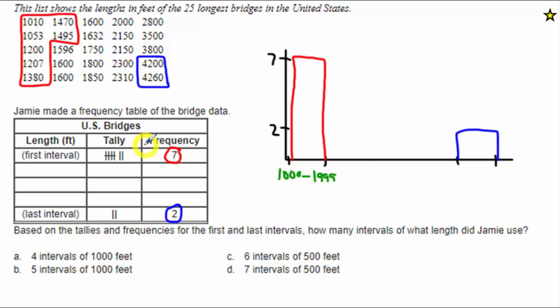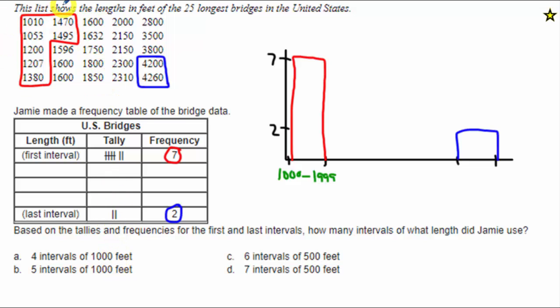If this were the case, let's look at our data and see if there's 7 pieces of data within that range of numbers. From 1,000 to essentially 2,000 would give us all of these data points in that first interval, which is way more than we want. This is 15 data points and we only want 7. So an interval of 1,000 feet is too large.